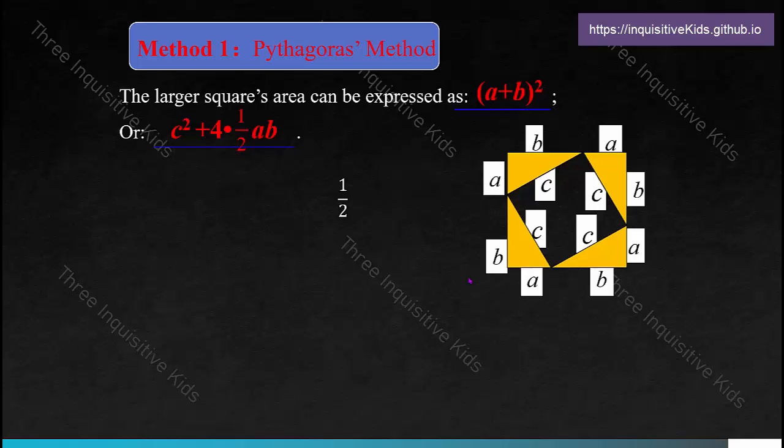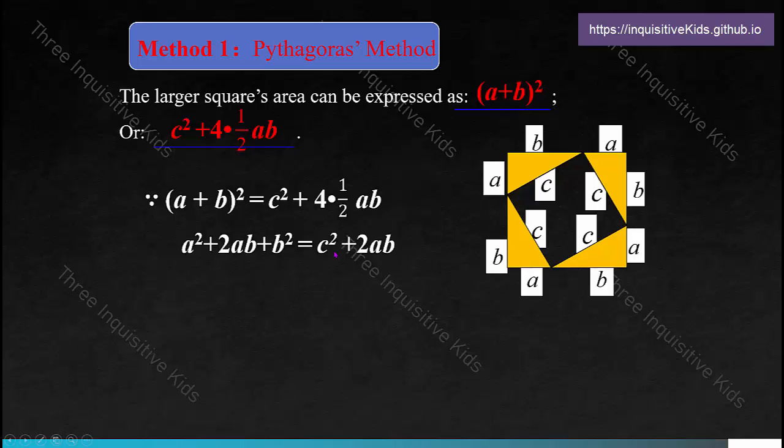So these are all ways you can express the larger square's area. So because the sum of a and b squared is equal to c squared plus 4 times 1/2 ab, a squared plus 2ab plus b squared equals c squared plus 2ab. So a squared plus b squared equals c squared. This is his way of proving.